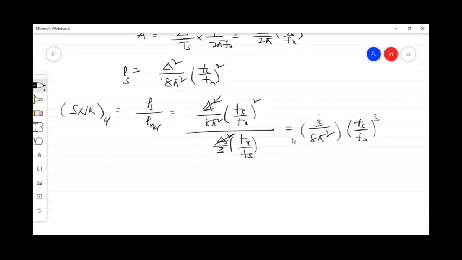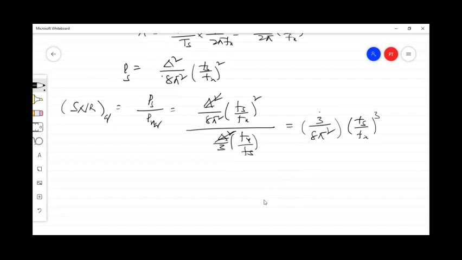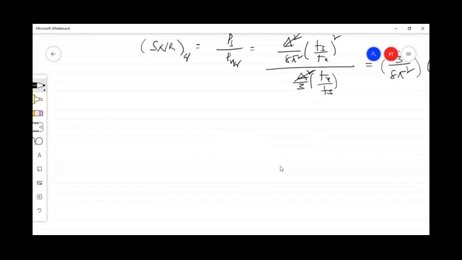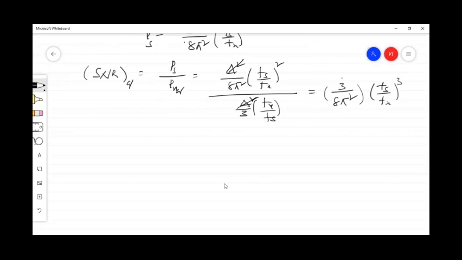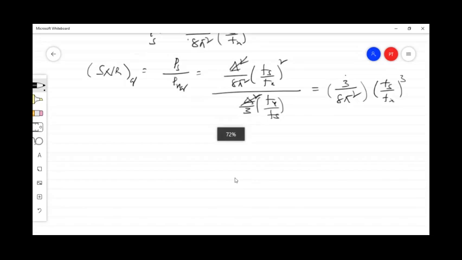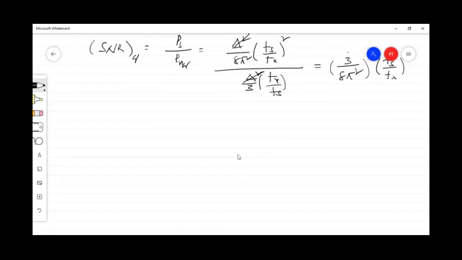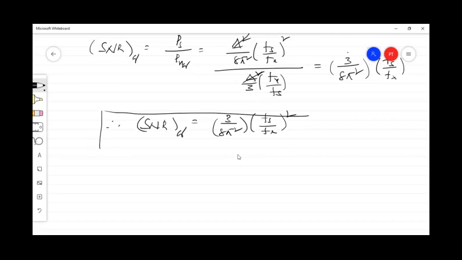So you see, this is an important formula you need to remember. Therefore the output signal to quantization noise ratio is 3 by 8 pi square into fs by fx whole cube. This is an important issue.